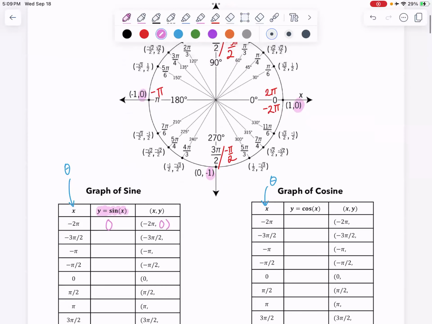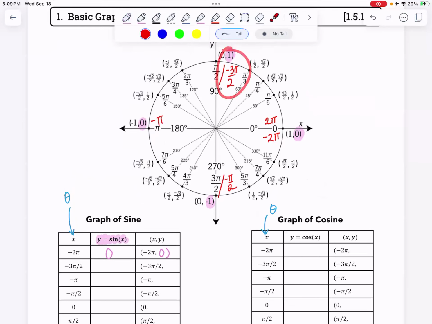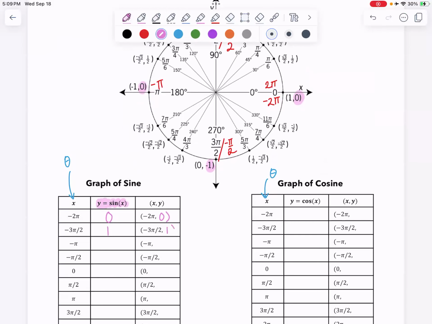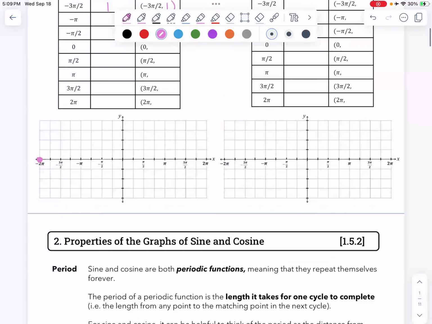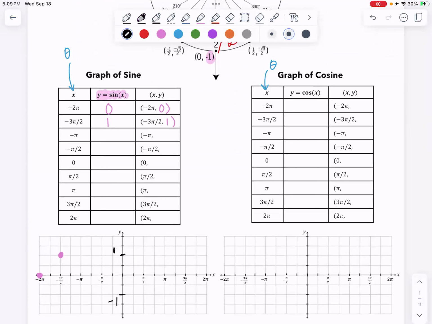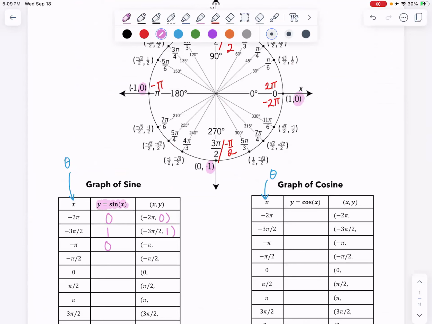Negative 3 pi over 2 has a y value of 1. So sine is 1 at negative 3 pi over 2. We'll plot the point negative 3 pi over 2 comma 1. I'm going to mark 1 right here. I'm going to mark negative 1 down here. All right. At negative pi, the y value is 0.